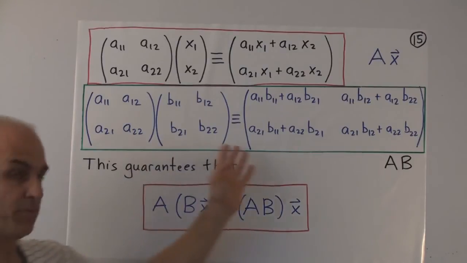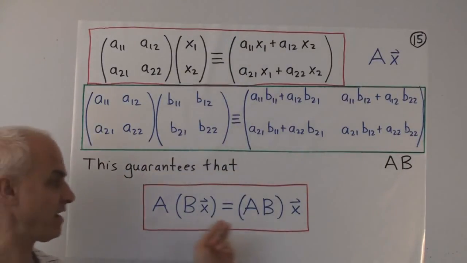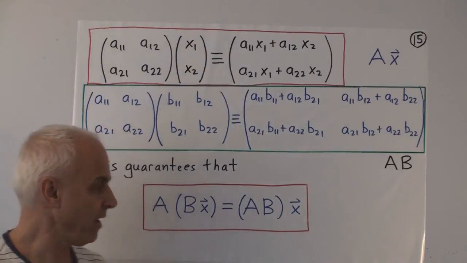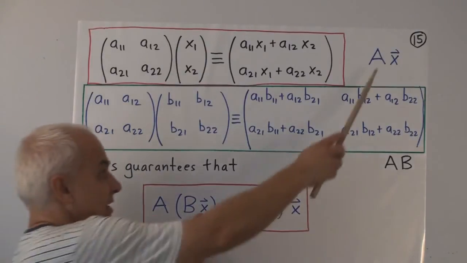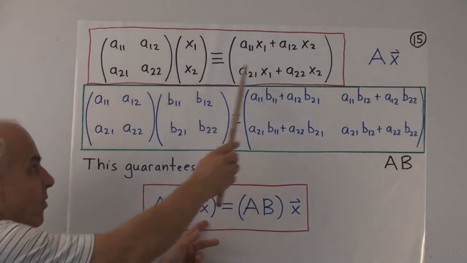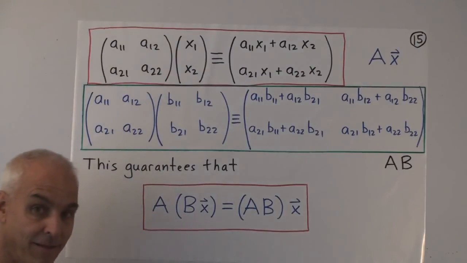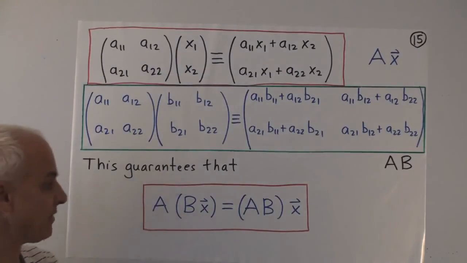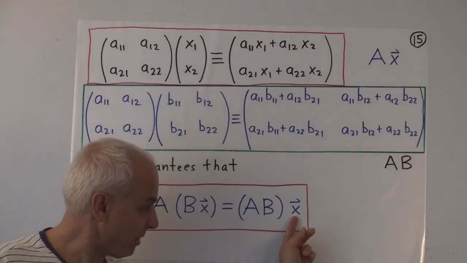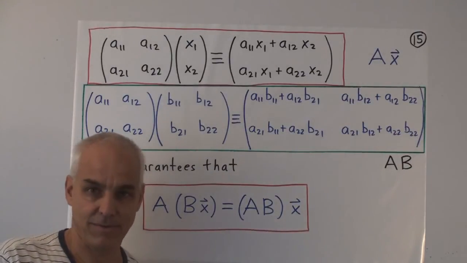And this agrees with what we did earlier, and it guarantees that this fundamental equation is satisfied. That if we start with the vector x and we multiply by, say, B first, exactly in this kind of way, and then we multiply that vector by A, that's exactly the same as if we had started by multiplying the vector x by this composite matrix AB.